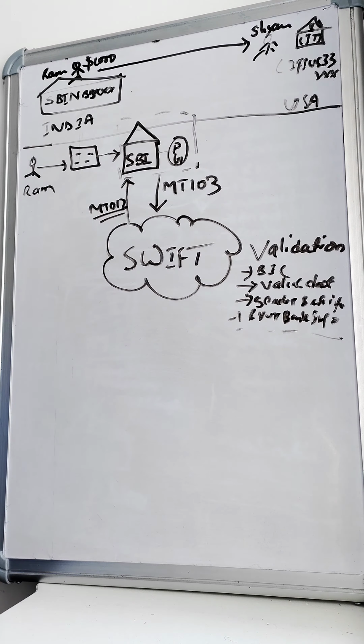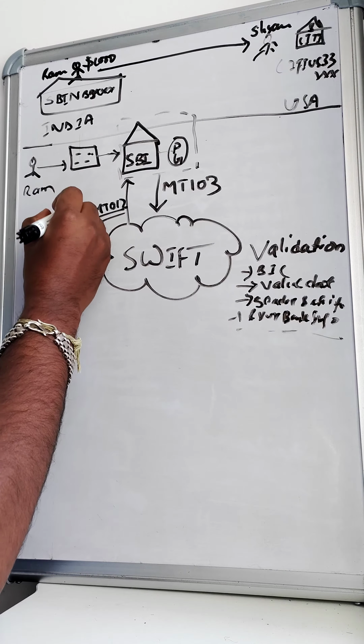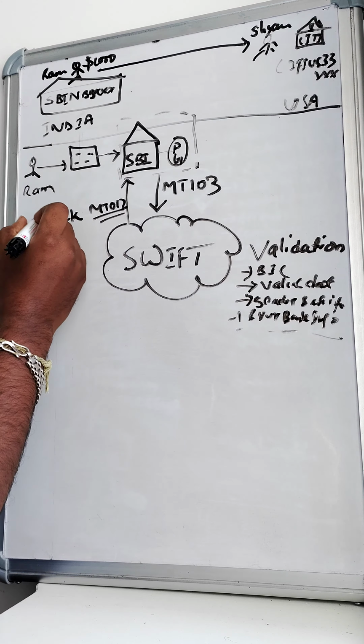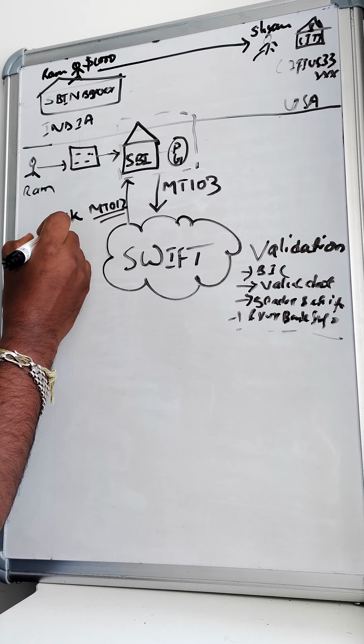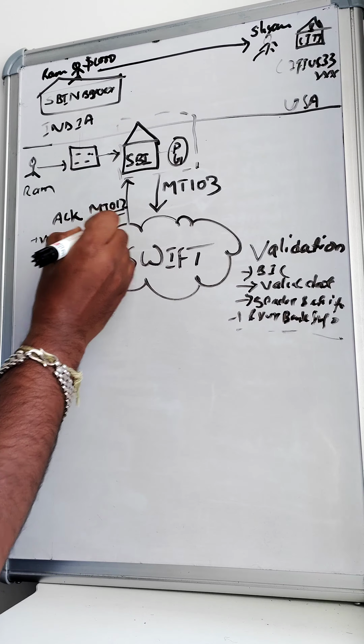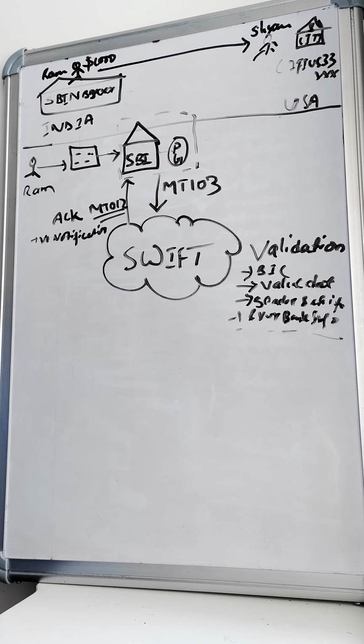This is called ACK, acknowledgement message. That means a positive notification saying, hey SBI Bank, I have received your MT103 and it's all good with the Swift messages.